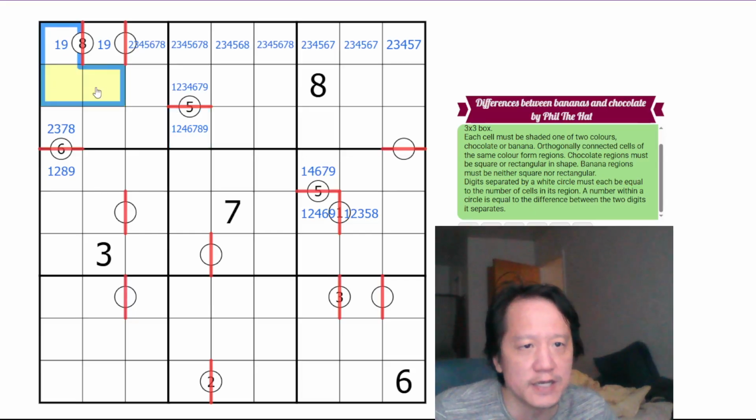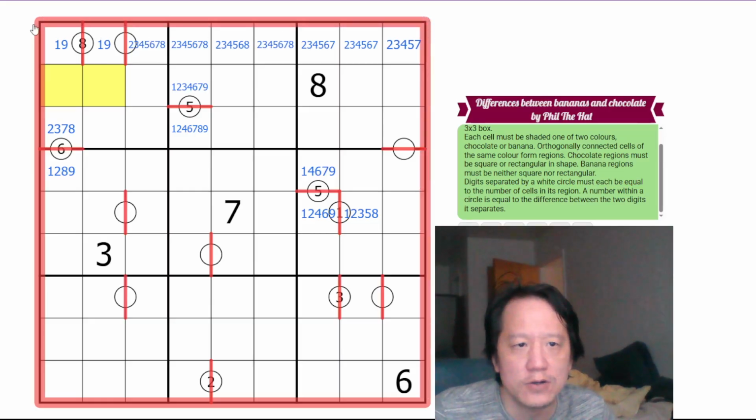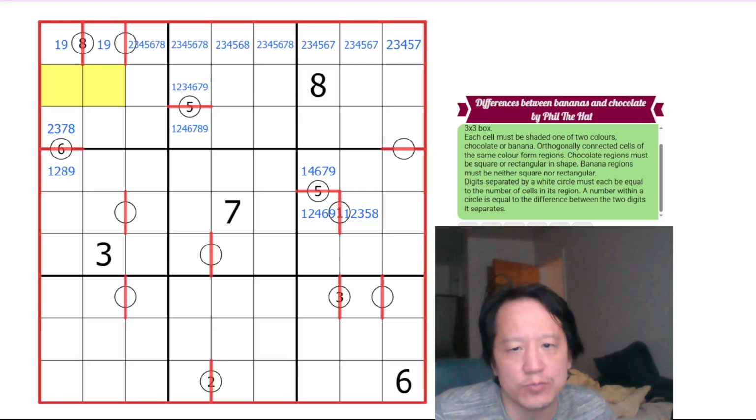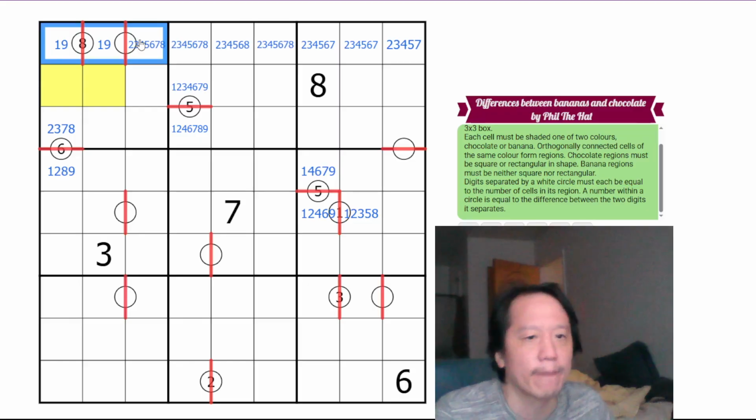Because the 9 has to get out somewhere. Let's draw a border around the entire grid. Well, we don't really need that necessarily. We don't really need the one around the entire grid. These are just helpful to differentiate.